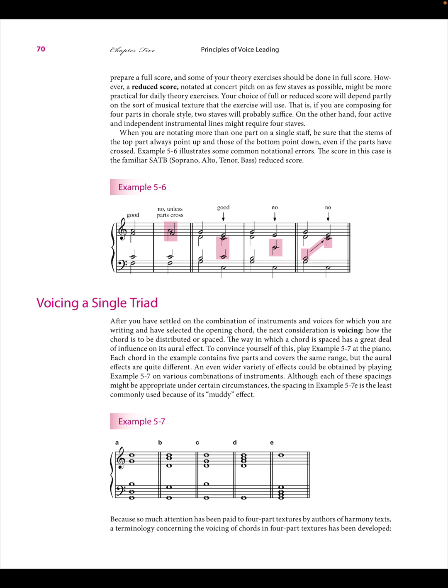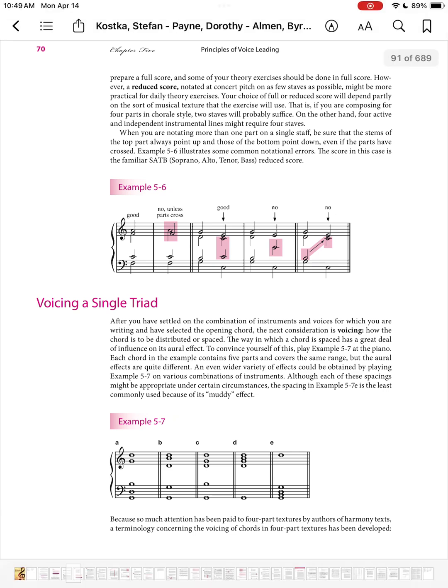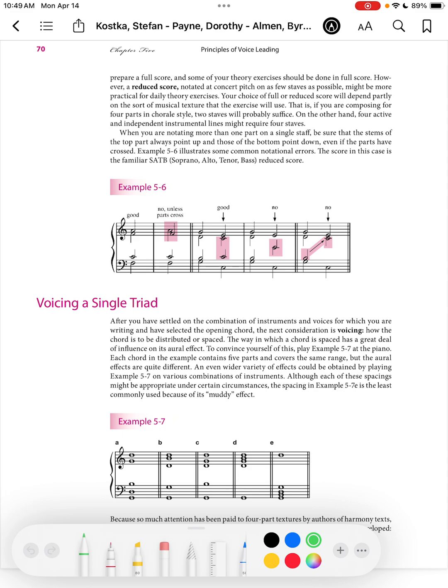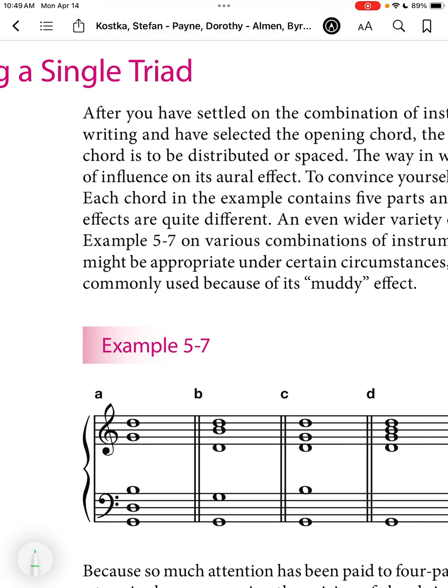Okay, so now we're about to get into some real juicy stuff. Voicing. Voicing is how each of the voices is spaced out. This is a pretty good example of the spacing.